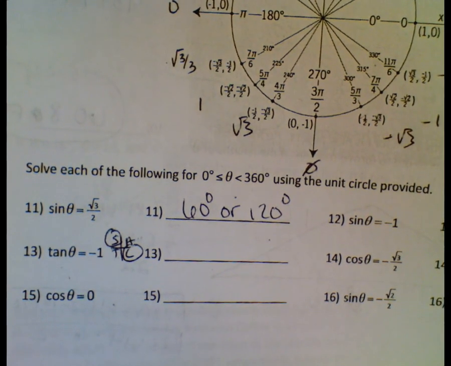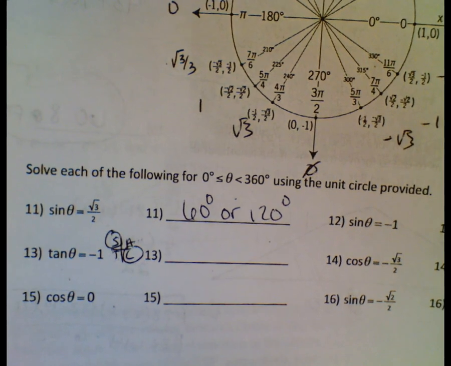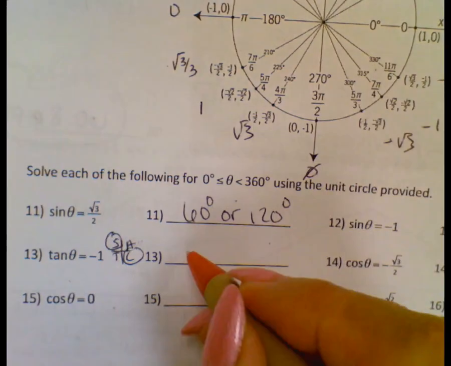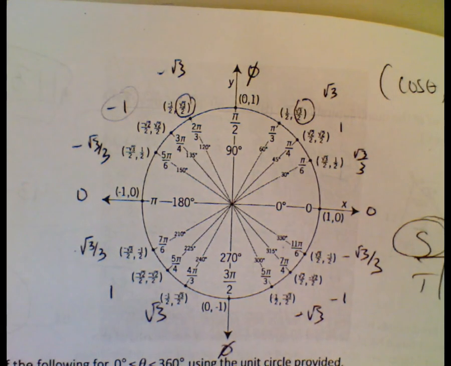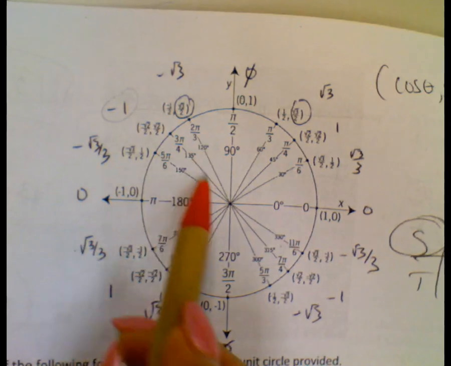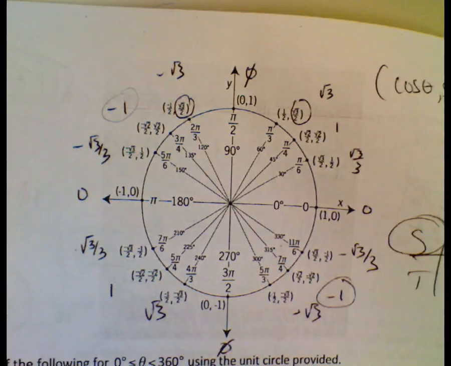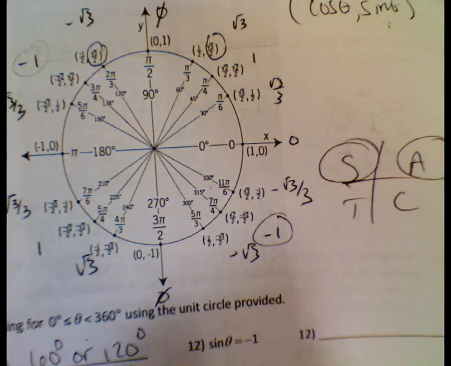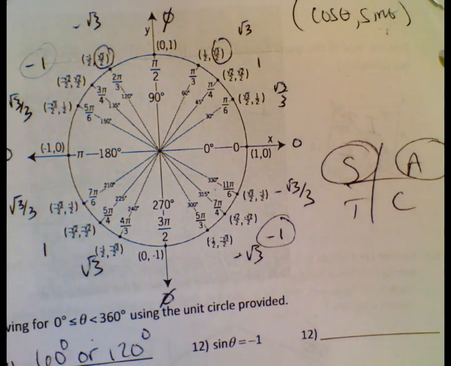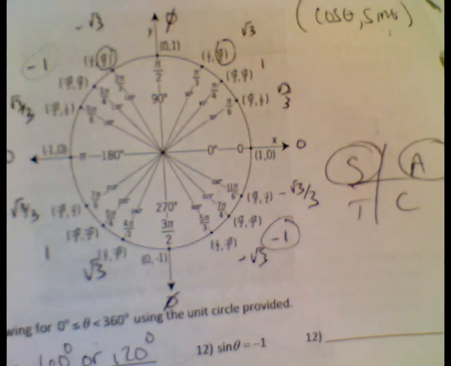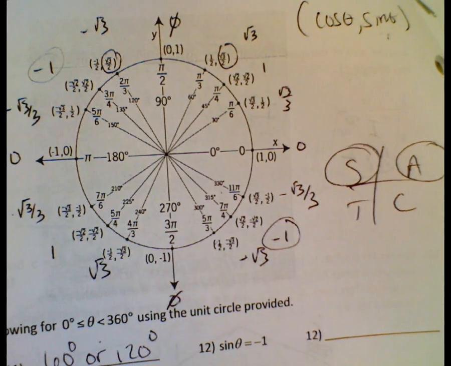So where is tangent negative 1? What's one of your answers? 135 right here. Look, 135. Tangent's negative 1. The other one should be straight across from that. Straight across right here. Negative 1. That is 315. You don't want to blow these problems. These are the easy ones. These are 4 points apiece.